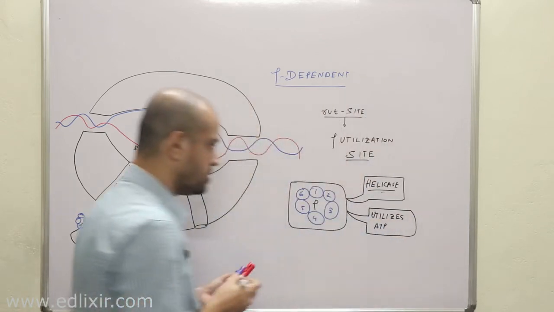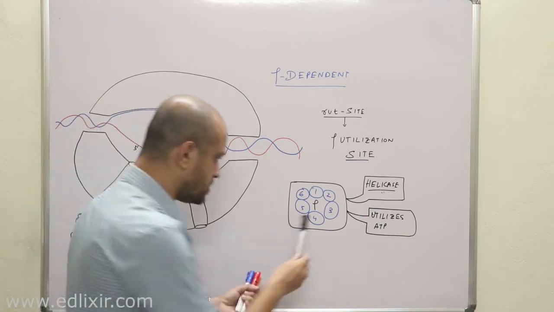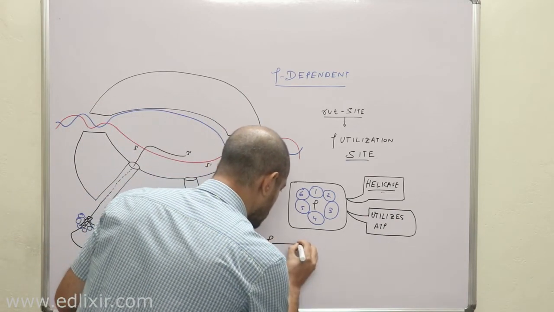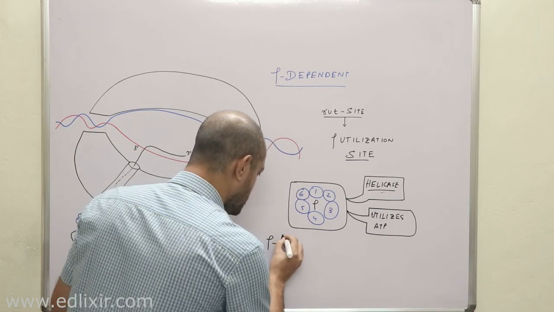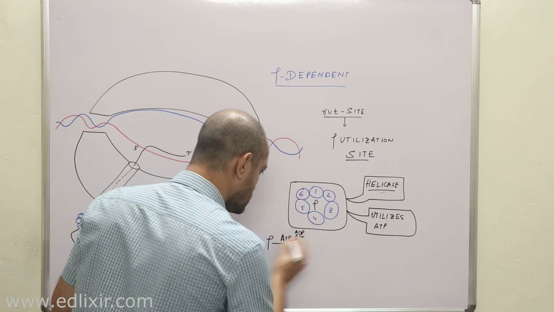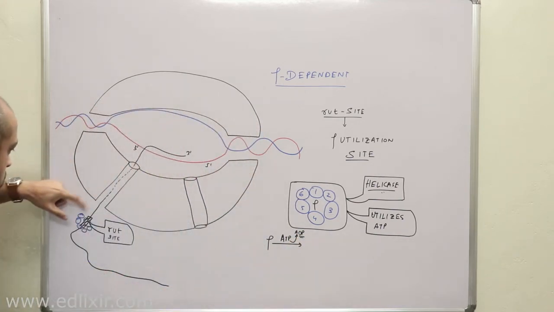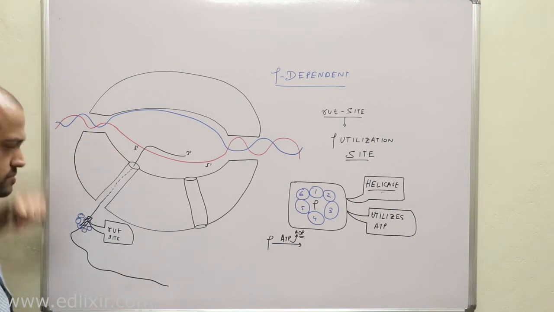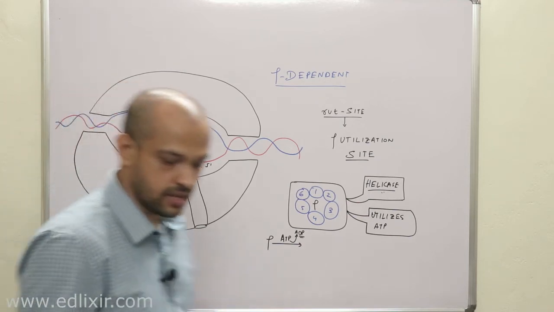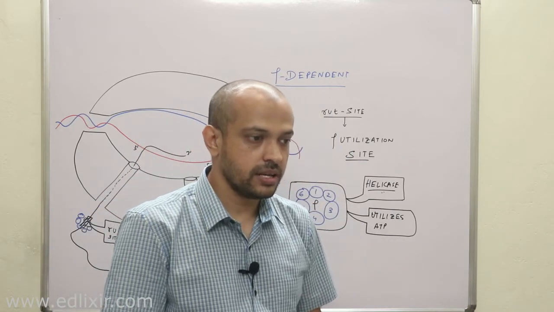This rho protein is utilizing ATP to move towards this RNA.